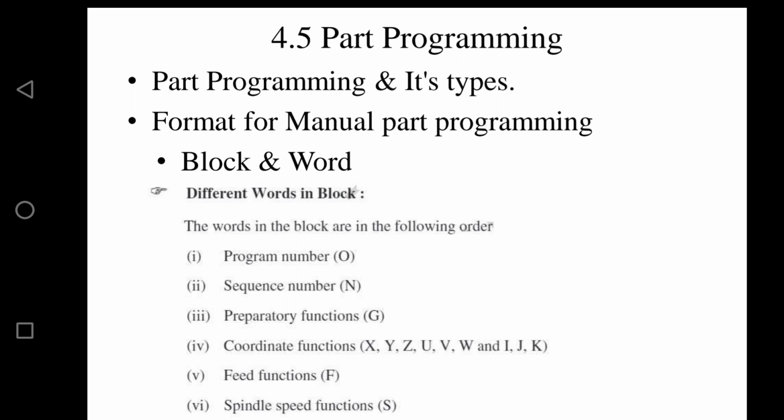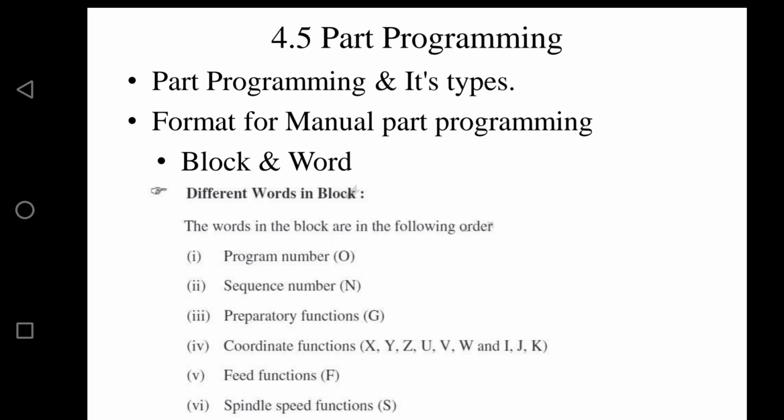You don't need to worry about manual part programming, because we don't have conventional NC or CNC machines right now. We are living in a modern era, and we have CNC machines and computer aided part programming. So only you have to take care of computer aided part programming.